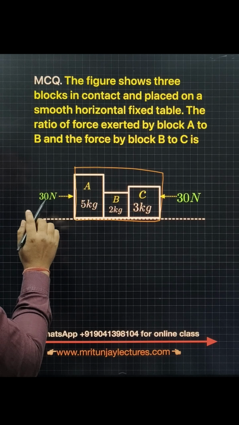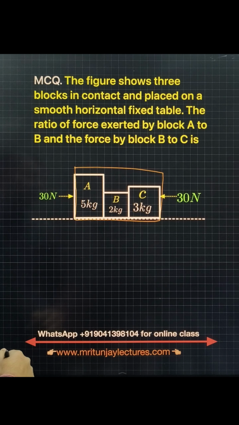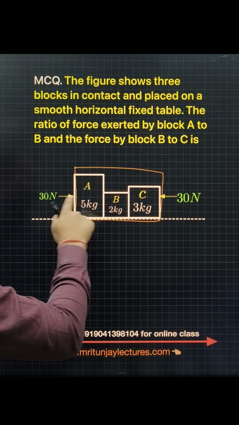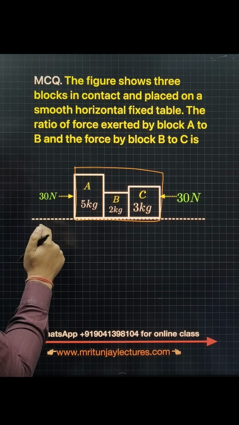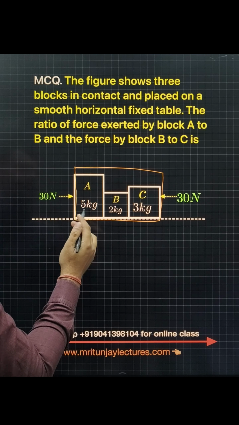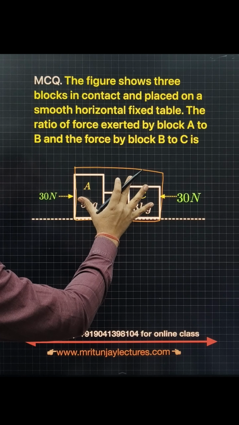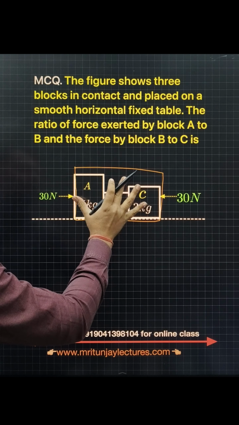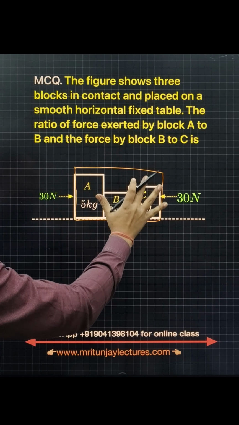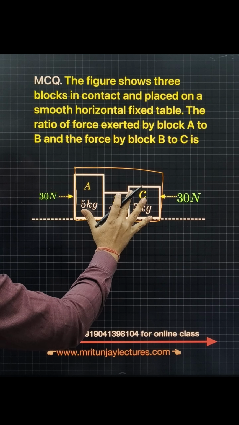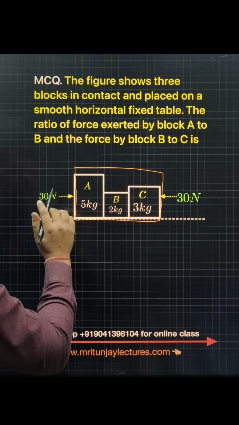Here 30, here 30. Both are equal forces. So if these three blocks are considered a single block, the net force on them is 0.